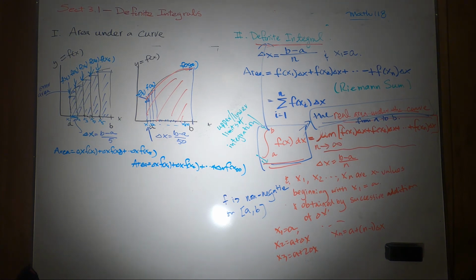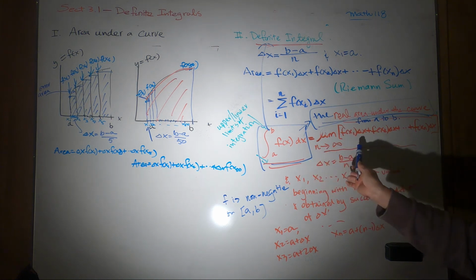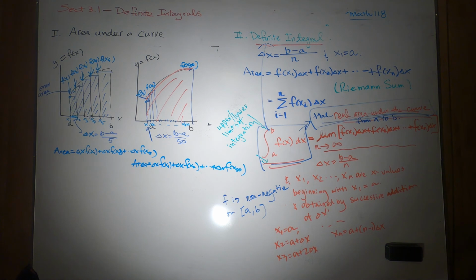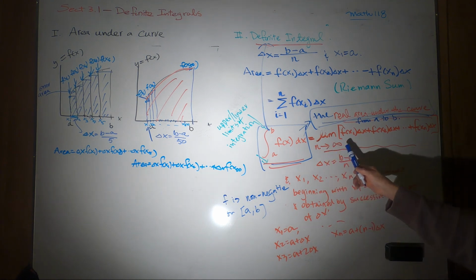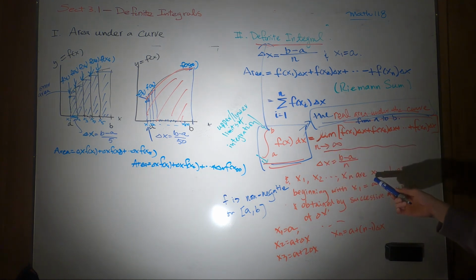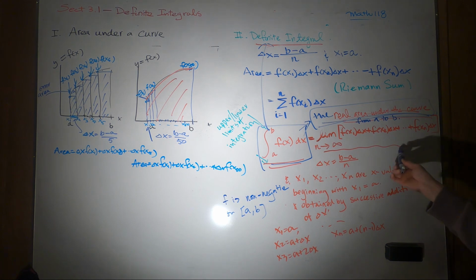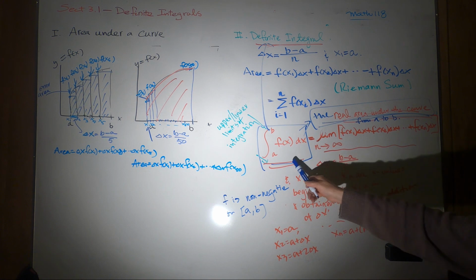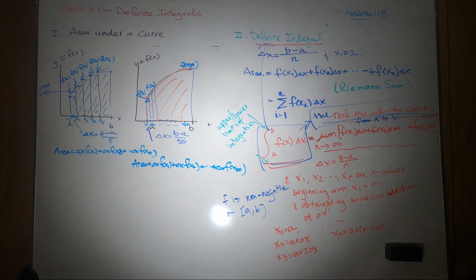So it's given to you in calculus. Okay, we say that n approaching infinity, just by looking at the concepts, is the same thing as the area under the curve. Then we use this symbol to show it.